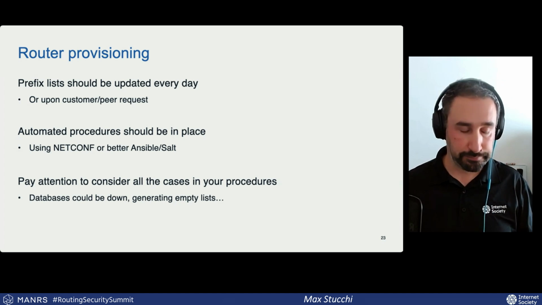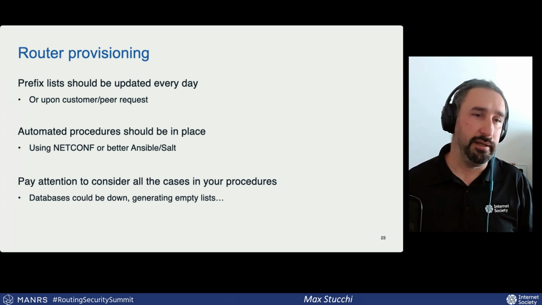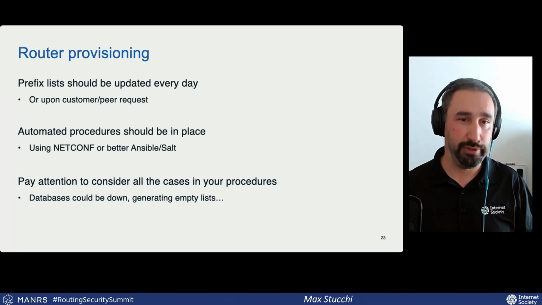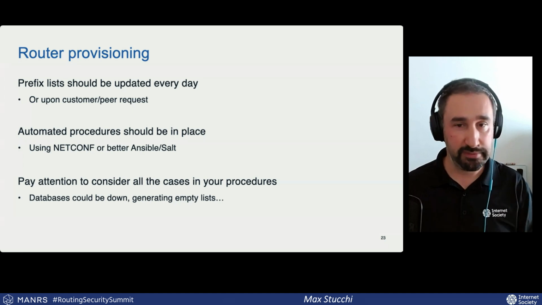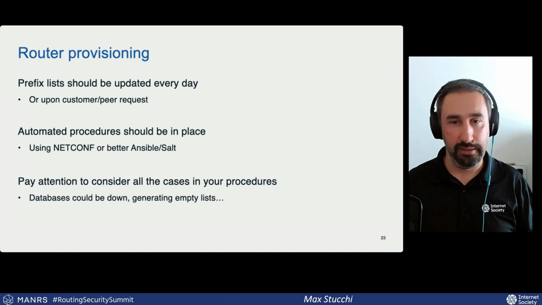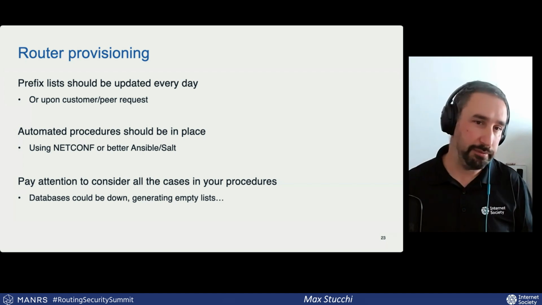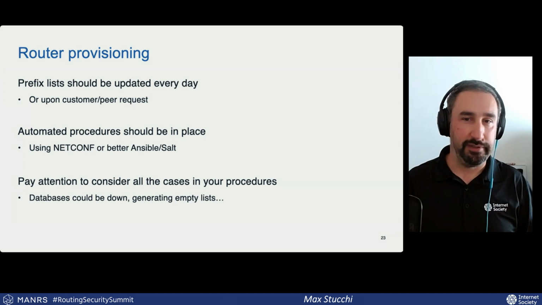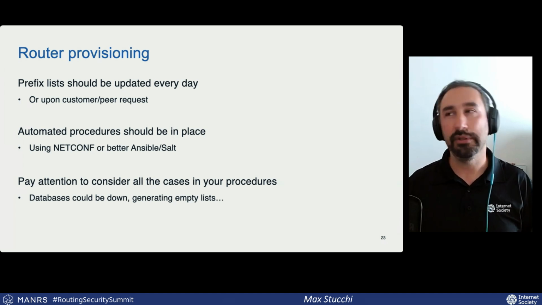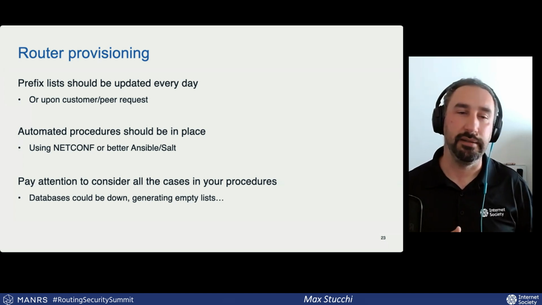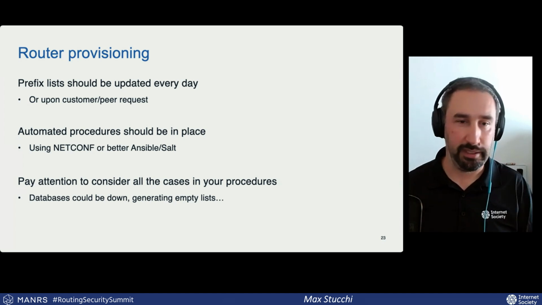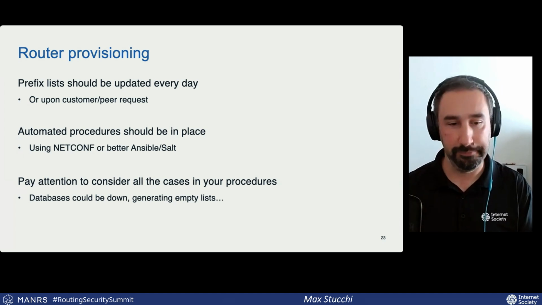So I know of cases where someone generated an empty config for prefix lists, basically filtering the whole address space out of their network. Reconfiguring everything was, well, I wouldn't say tricky, but if you can't reach your routers from outside, you have to use an out-of-band solution to get to them.